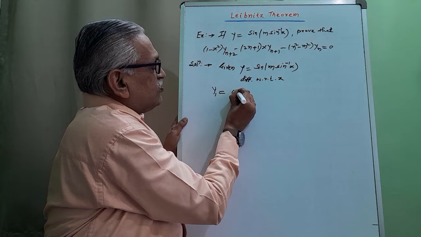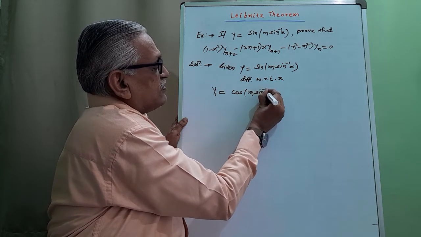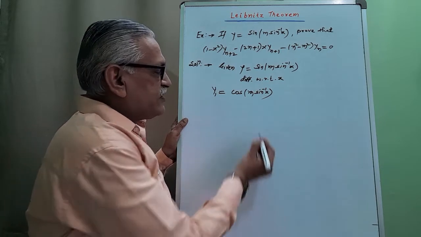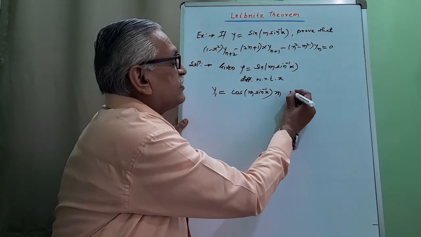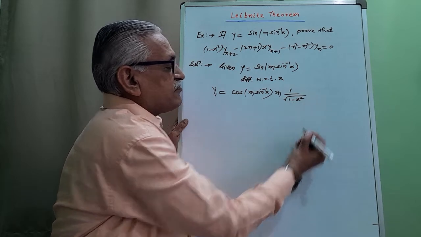The derivative of sine is cos of m sine inverse of x, and as it is a function of a function, applying chain rule, m constant outside, the derivative of sine inverse of x is 1 divided by root of 1 minus x square.